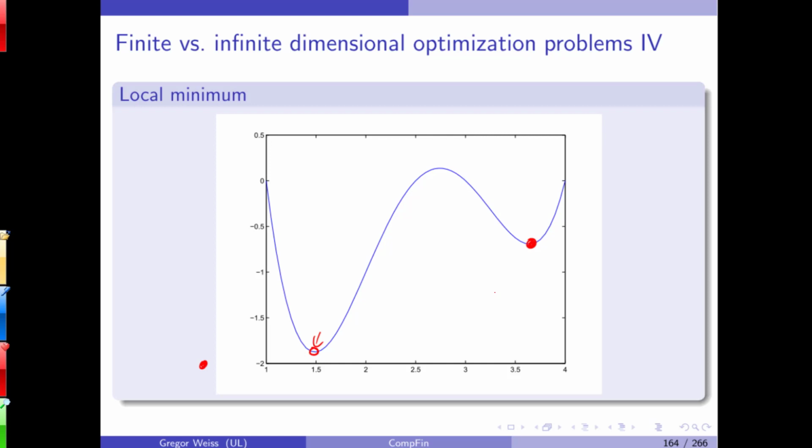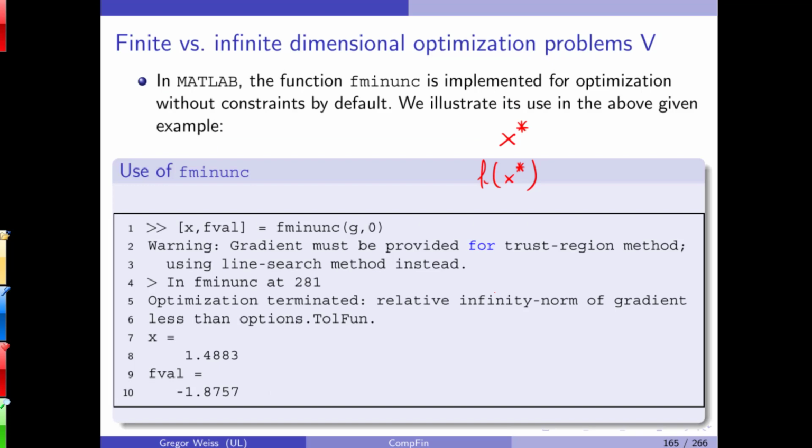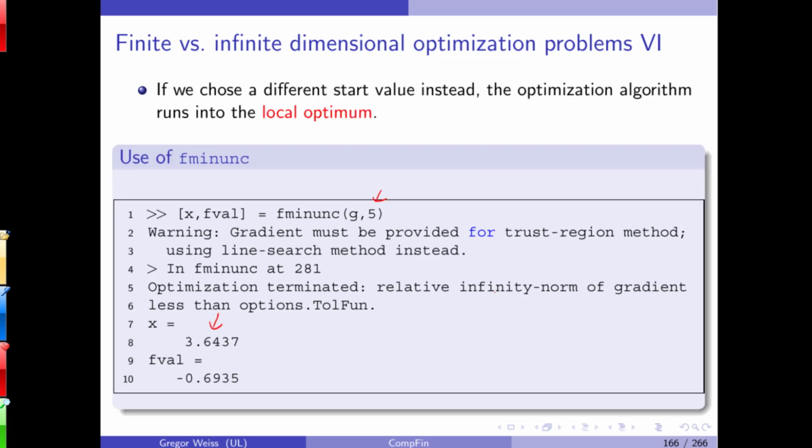This is not a very simple algorithm, but a set of algorithms that is tuned to the max. And it's a very, very simple function to minimize. It's a polynomial. And even with this very simple polynomial, depending on the starting value, the algorithm will run into a local optimum. So don't expect too much of these functions.